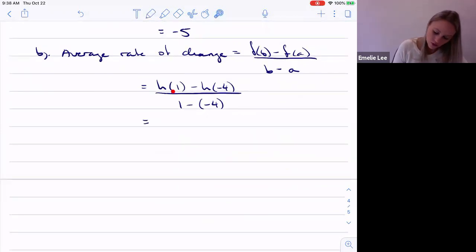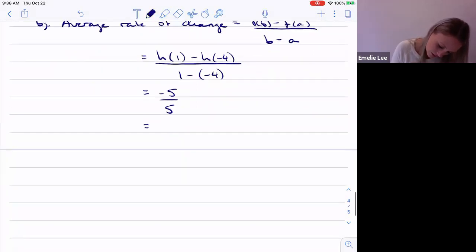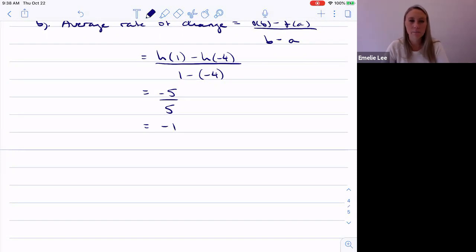We already know what h of 1 minus h of -4 is. We know it's -5. So this is -5 over 1 plus 4, which is 5. So we've got an average rate of change of -1.